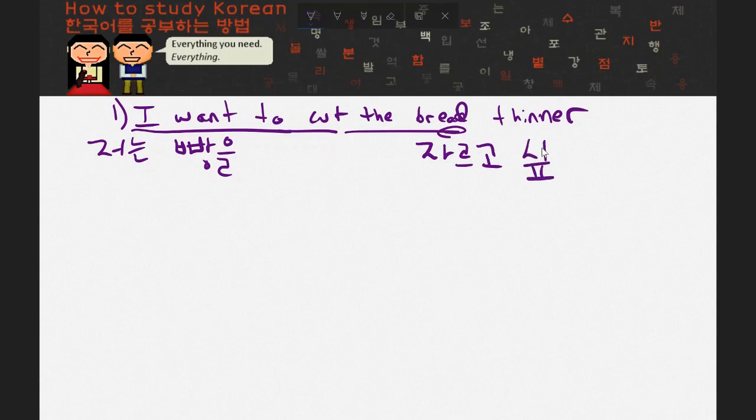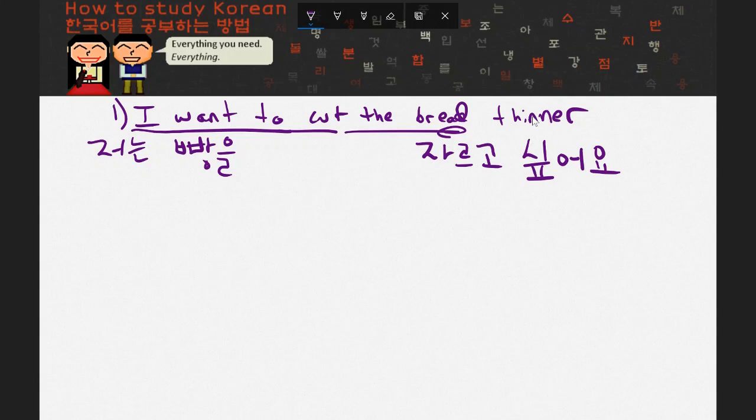Now, 싶다 would be the dictionary form of the verb, or actually it's an adjective. I should have said the dictionary form of the word. 싶다 is actually an adjective, and it's conjugated as an adjective, but I'm going to apply the informal high respect honorific, which I usually do in my sentence videos. So I'm going to end it with just 싶어요. Now, this sentence right now simply says, I want to cut the bread.